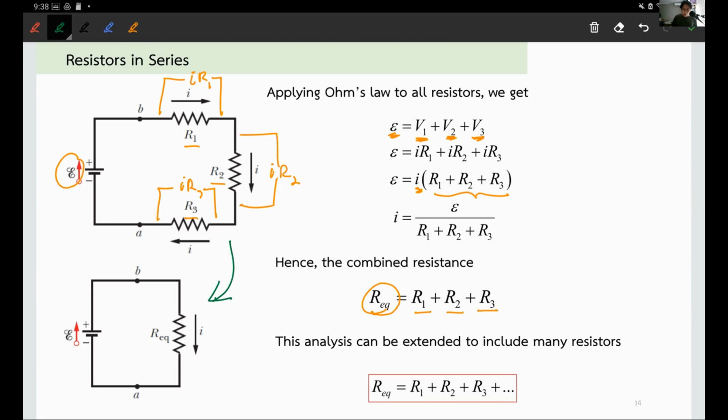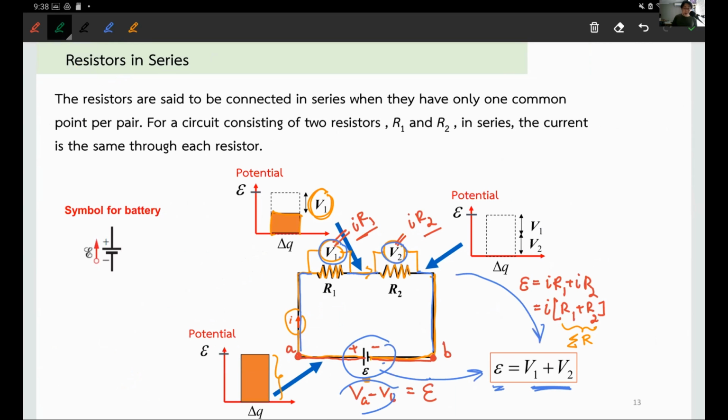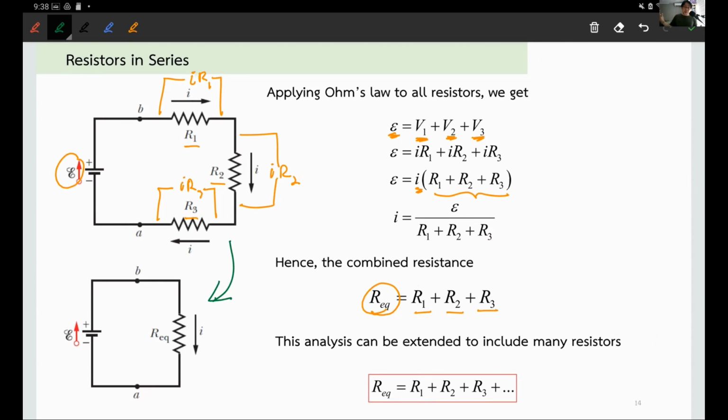By going through this, you're starting from one, followed by two R's, now with three R's, now you can imagine if you have a series of R, then your equivalent resistance is just going to be the sum of all those resistances. Sounds good.